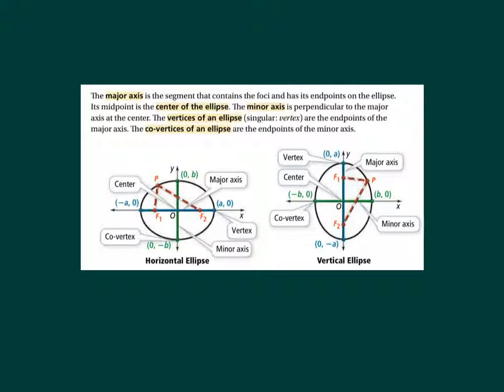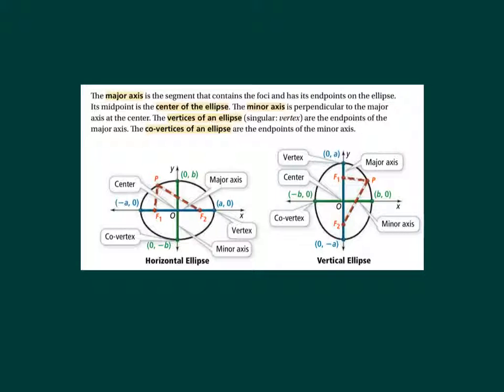The axis that is longer is called the major axis, and the axis that is smaller is called the minor axis. So hopefully that's fairly easy to remember. The longer one's major, smaller one's minor. They both appear in both ellipses. So the minor axis in a horizontal ellipse is here, in a vertical ellipse is here.